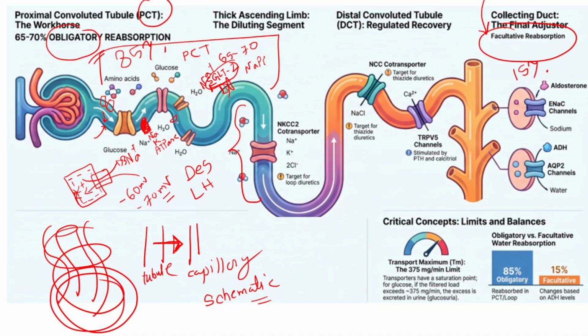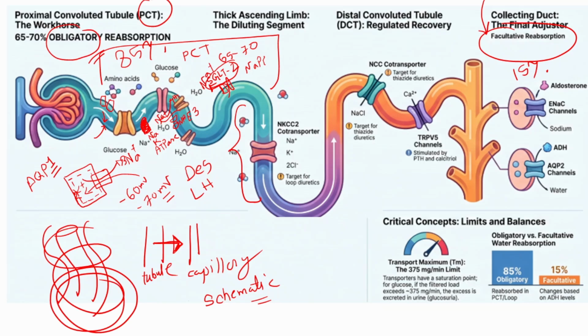Let's put NHE3 over here, which pumps a hydrogen ion out into the lumen in exchange for a sodium ion moving in. To allow water to follow these reabsorbed solutes passively and constitutively without any hormonal control, we line both the apical and basolateral membranes of the PCT with aquaporin 1 channels known as AQP1. We have already seen it, that's why we're not drawing it again here, to keep the picture as tidy as possible.